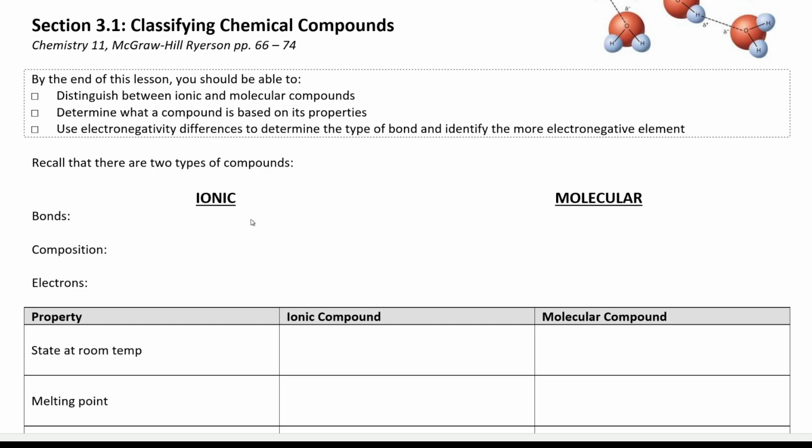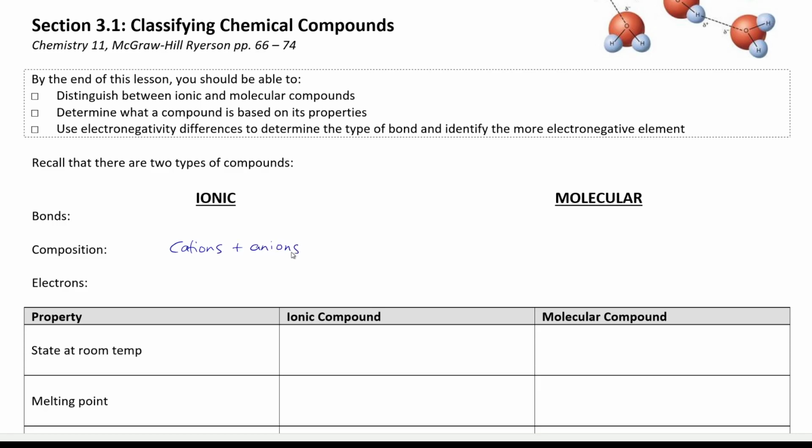You've previously studied ionic compounds and molecular compounds. Ionic compounds are made from, if we look at the composition, cations bonded to anions.